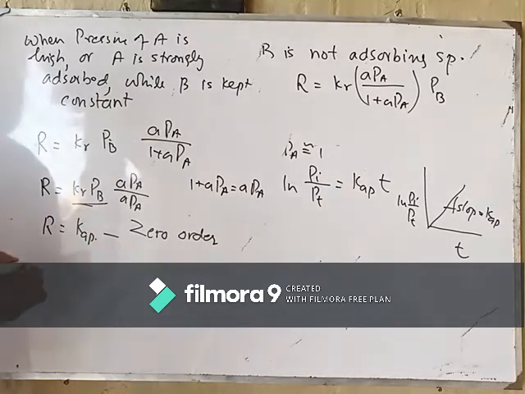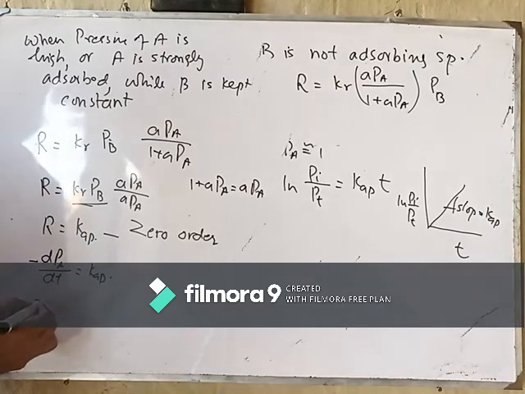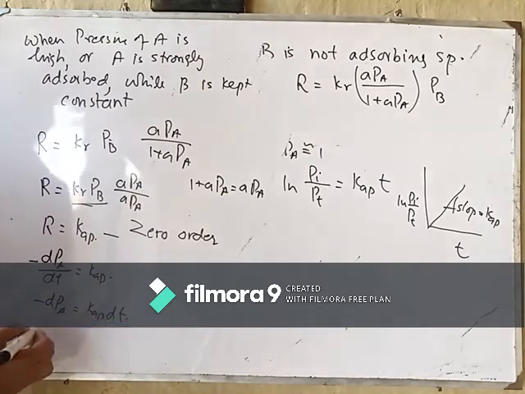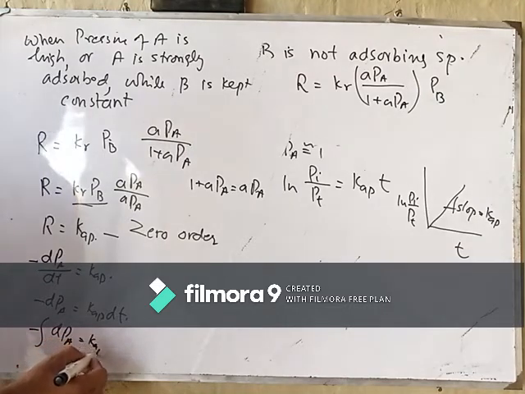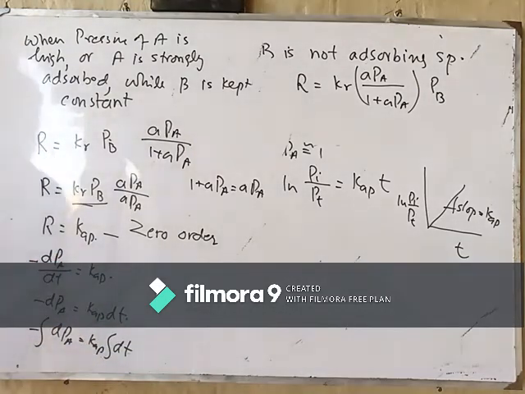और इसके लिए ये हम लिख सकते हैं minus dPA divided by dt is equal to K apparent, or minus dPA is equal to K apparent dt. इंटीग्रेट करते हैं. तो ये इंटीग्रेशन हम पहले कर चुके हैं.